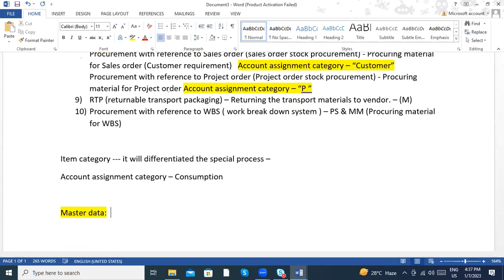So master data is a one-time record which we maintain to define the product, or to define some person, or to define some logic. Any employees, there are so many master data. This one-time record will be helpful to do the business process.